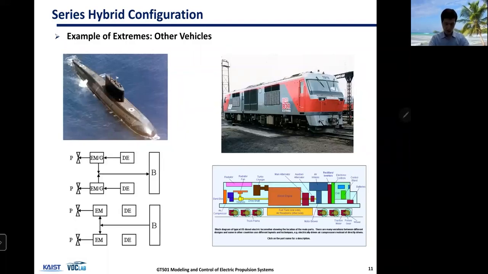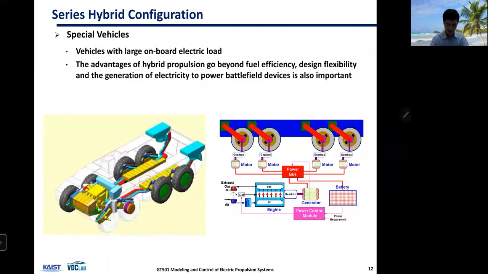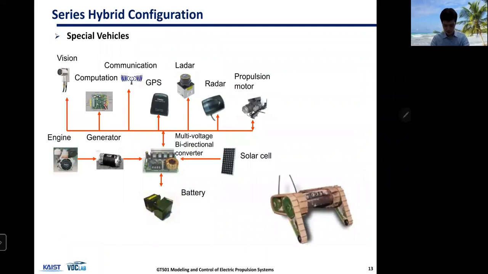So we did already have some questions on this. I think I already answered that question and mentioned these: submarines and some military vehicles, with distributed motors. And then there's space vehicle, Mars rover.